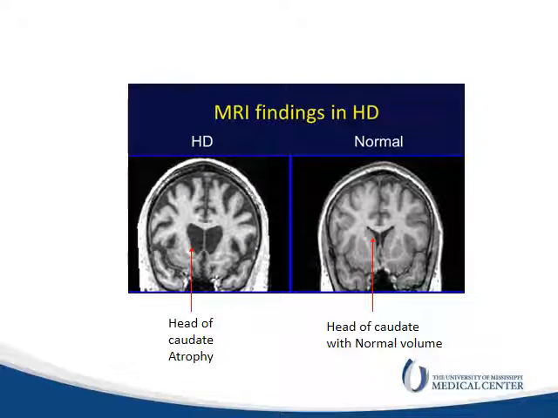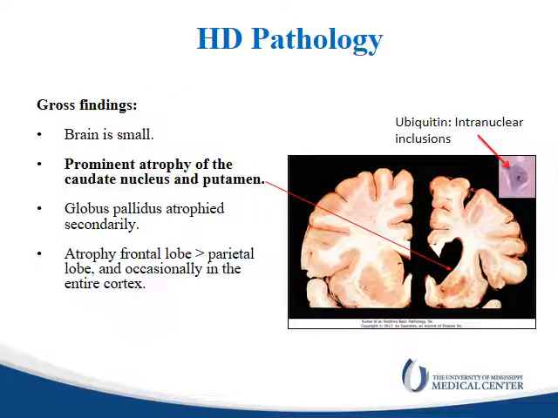This is a typical MRI finding of HD showing significant atrophy of the head of the caudate, compared to a normal head of caudate in a normal subject. Pathologically, the HD patient's brain is usually smaller with atrophy, with prominent atrophy of the caudate nucleus and the putamen, and also atrophy of the frontal lobe and other parts of the brain.